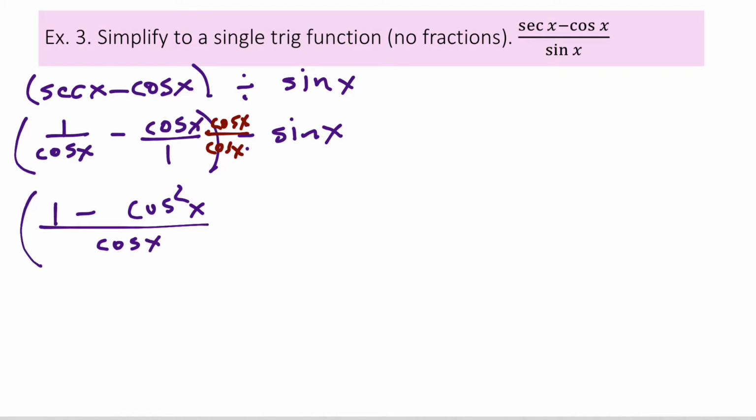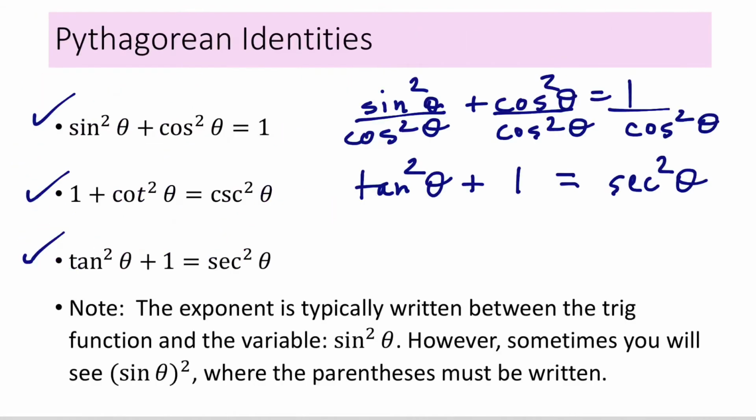All right, so now this piece looks like this, and I'm still dividing by the sine of x. Now I want to look at the numerator right here, and I want to recognize that I have a form of one of the Pythagorean identities. So let me go back to that slide.